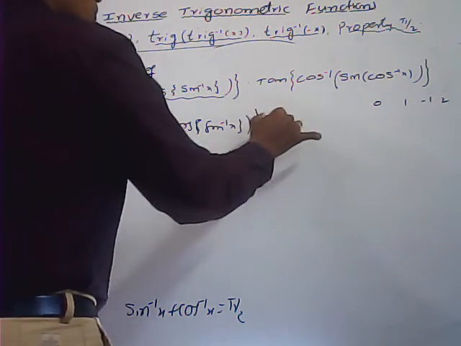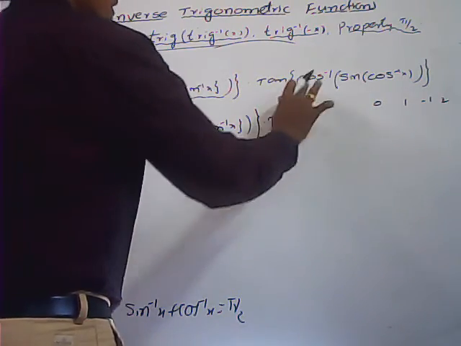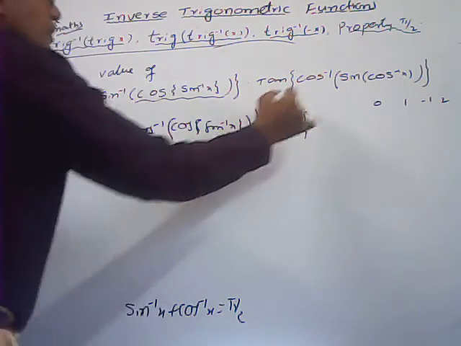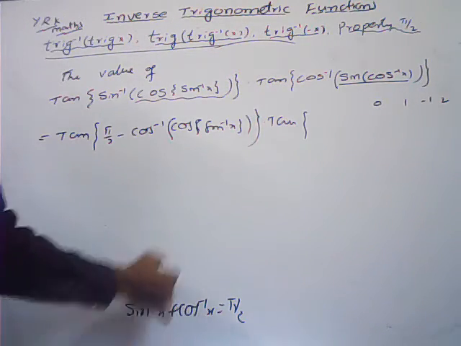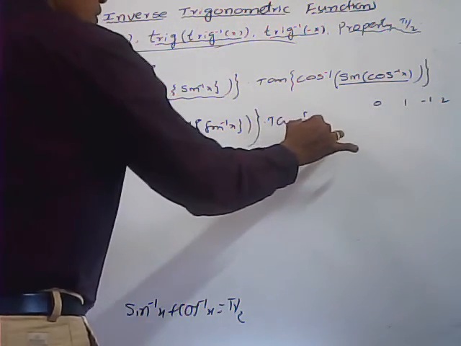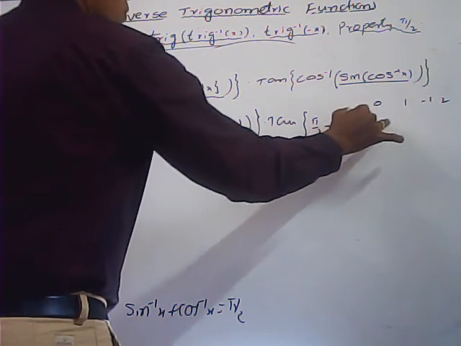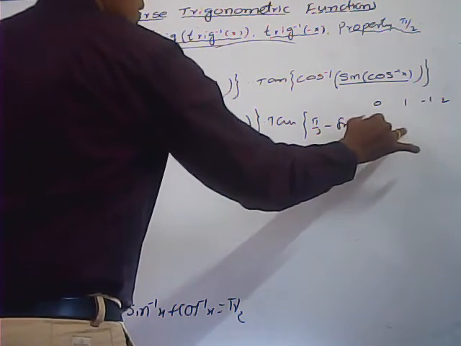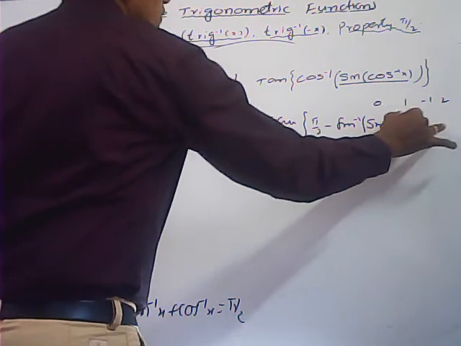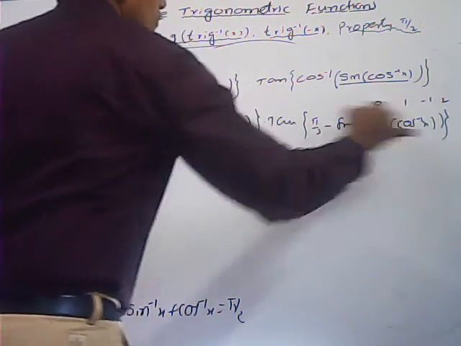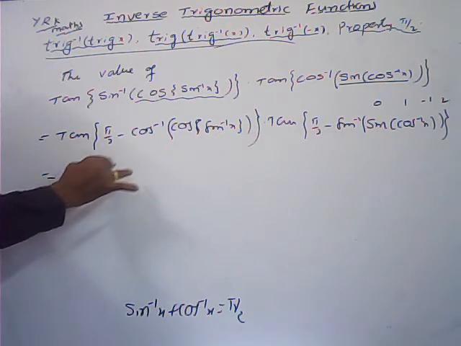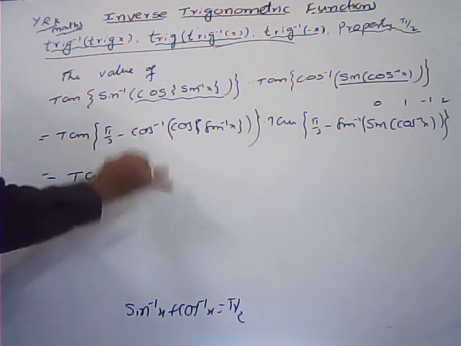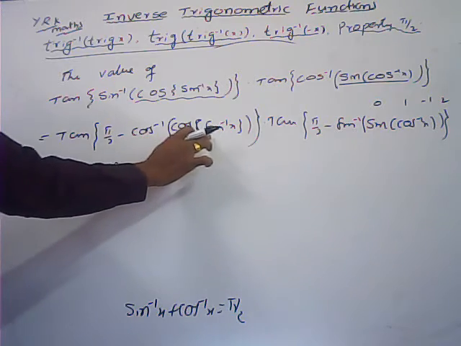into tan of, here also we can do the same thing, cos inverse x we can write as pi by 2 minus sin inverse x, sin of cos inverse x. Now that is equal to tan of pi by 2 minus cos inverse of sin inverse x.